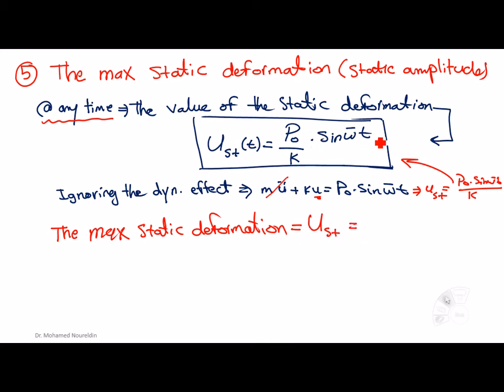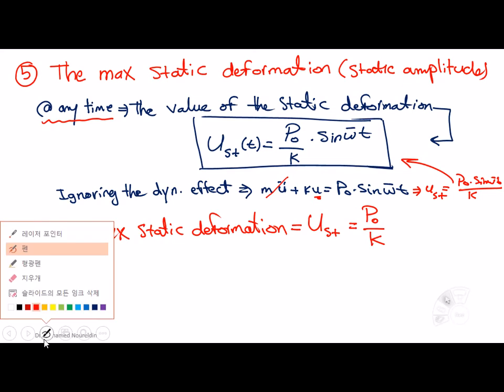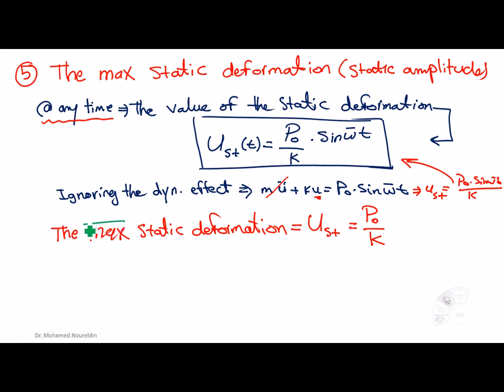If sine omega bar t equals 1, we obtain P node over K. This is the amplitude, the maximum. Take care of this word again, maximum. So there is no sine term here, because it is already 1 as we are talking about the maximum.